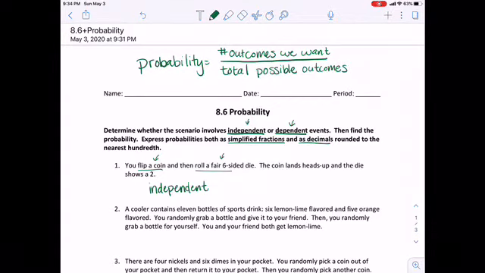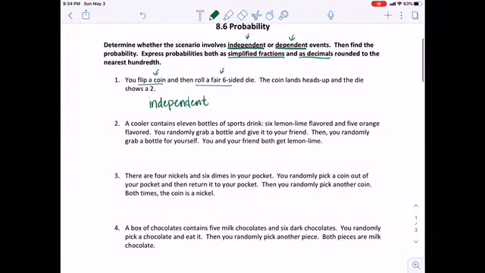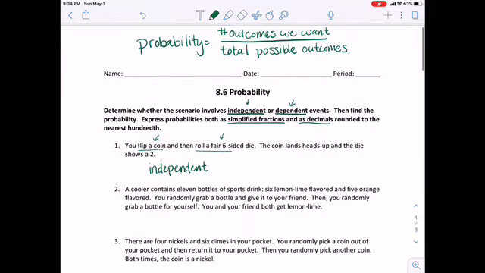So, for example, here on problem 1, when we flip the coin, there are 2 possible outcomes. I could get heads or I could get tails. In this case, I want my coin to land heads up. So I have a 1 out of 2 chance that my coin will land on heads.